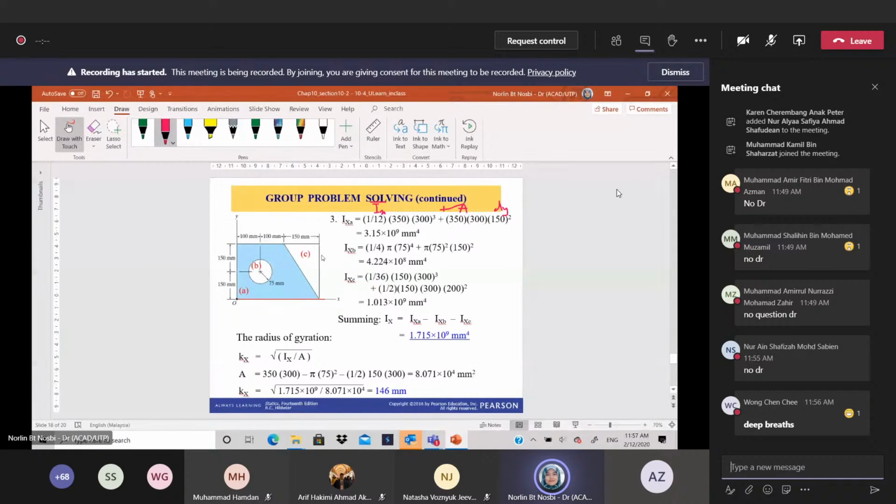But you must find the length from the origin until the center point. So at this range, it will be 200. That's why the dy is 200. Now you have to sum the rectangle plus the circle, because it is hollow, that's why it is minus, and then you have to plus the triangle.